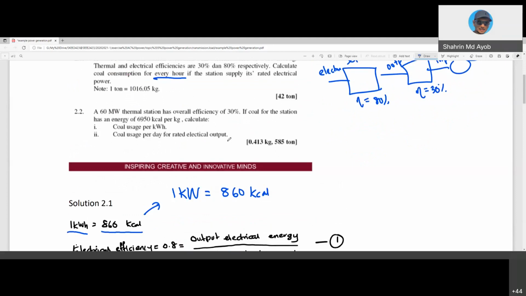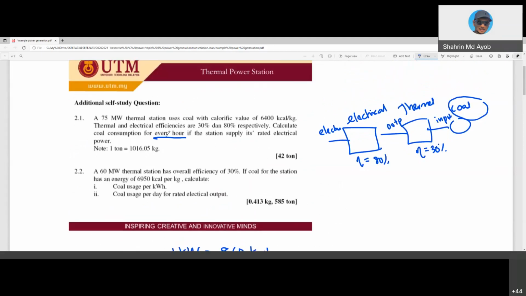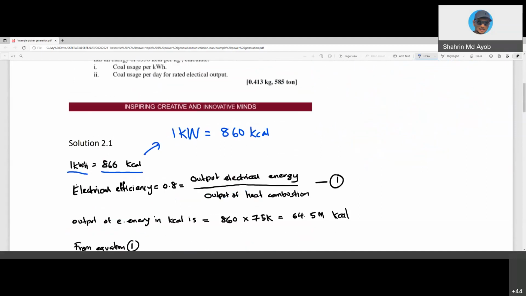Setiap jam, every hour, we calculate the amount of coal that needs to be burned. This is a very important point. So if you have the sentence, calculate coal consumption for every hour, you can simplify this equation by writing 1 kilowatt is equal to 860 calories.